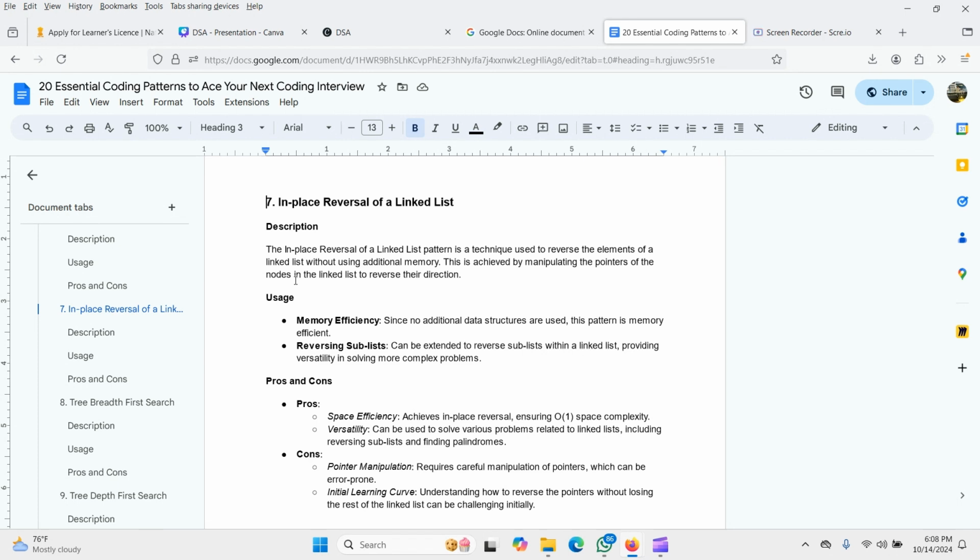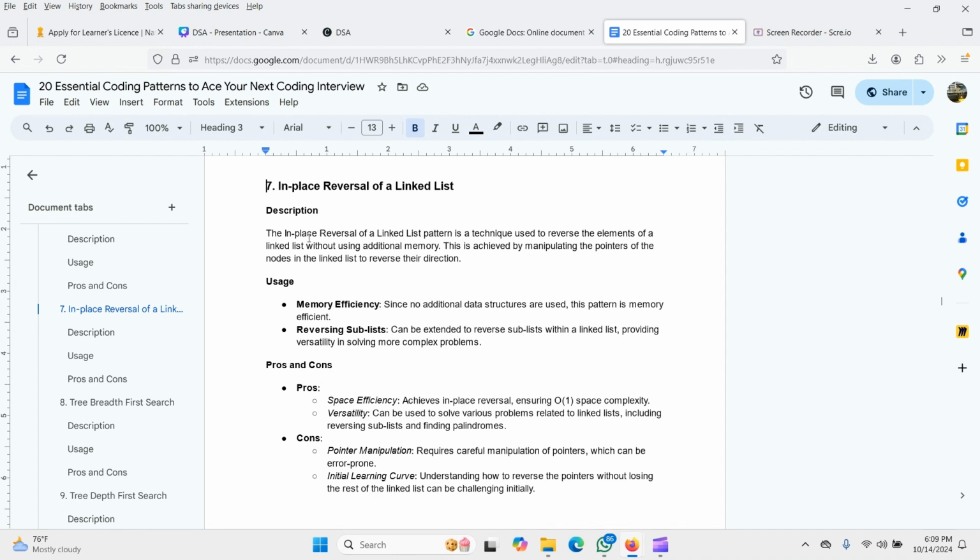Next, what are the disadvantages of this approach? Pointer manipulation. It requires careful manipulation of the pointers, which can be error prone. And the initial learning curve: understanding how to reverse the pointers without losing the rest of the linked list can be challenging initially.